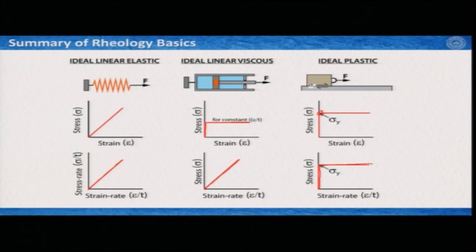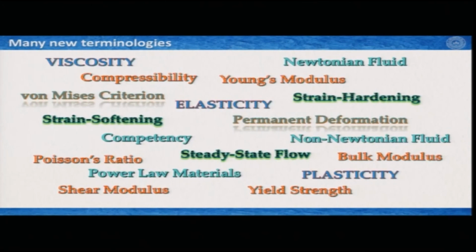We also have learnt a lot of terminologies, right? Viscosity, Newtonian fluid, compressibility, Young's modulus, von Mises criteria, then elasticity, strain hardening and so on. Now, you can see that all these words or phrases that we have learned in this basics of rheology lecture, I have sort of jumbled up.